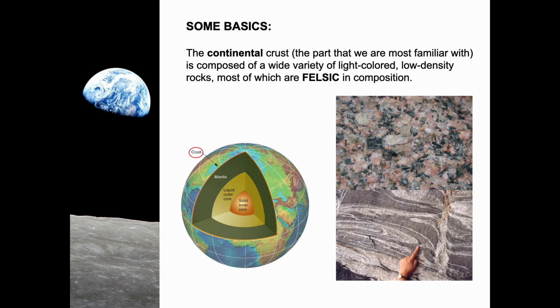That means they are rich in silicon dioxide, which is also the mineral quartz. Crustal rocks are differentiated into mafic and felsic. Mafic rocks are the ocean, and felsic rocks generally are the continents.